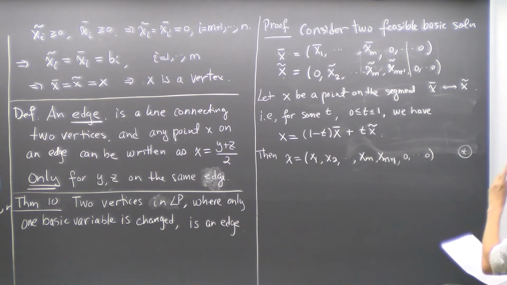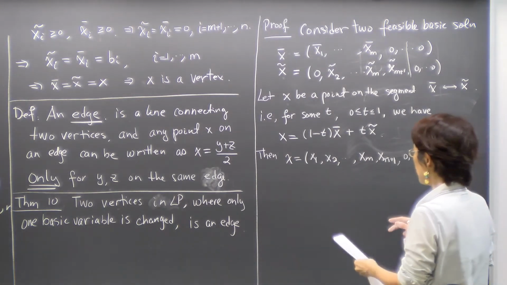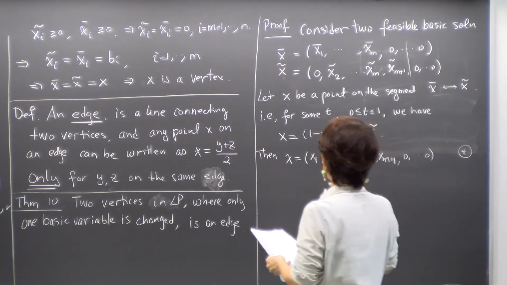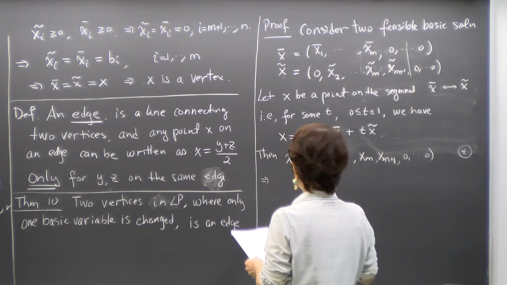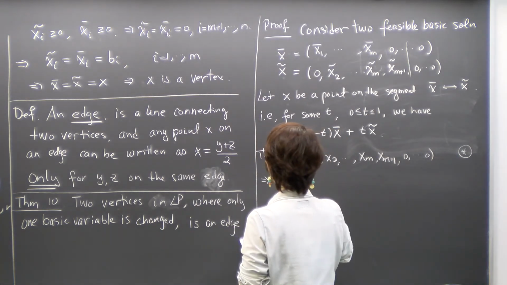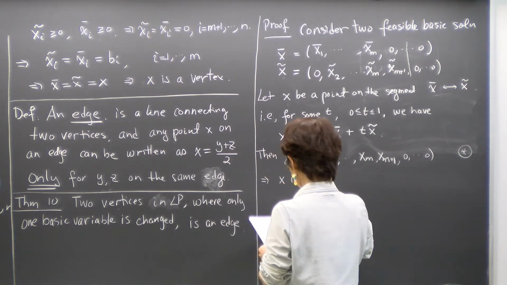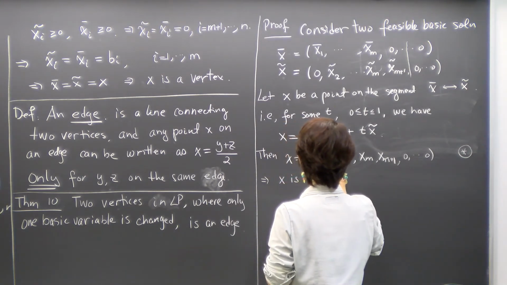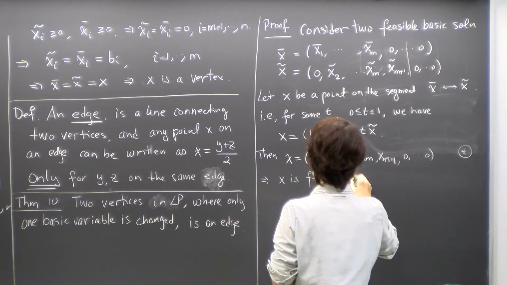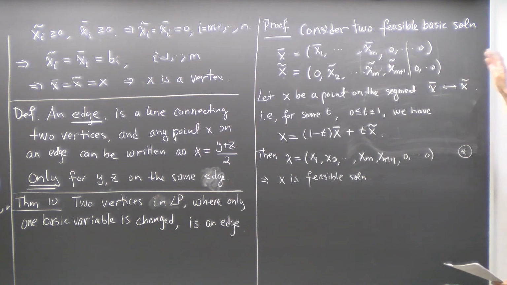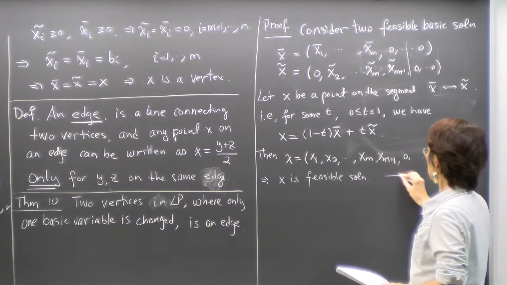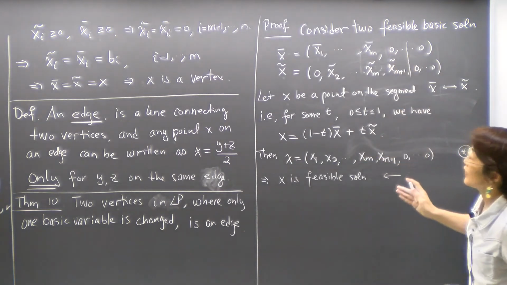Now, there is a little step here that I will leave as homework for you to work on. So we have the following. I know I have two things. x is a feasible solution, which is kind of obvious because we already know the set is convex, right? But in the homework, I will ask you to prove it in the setting of linear programming.